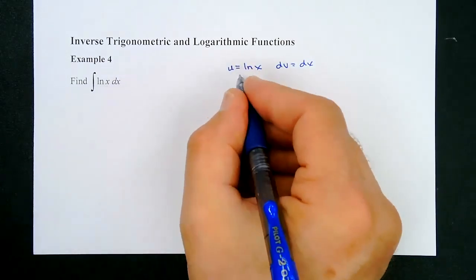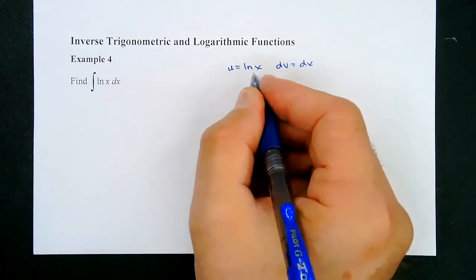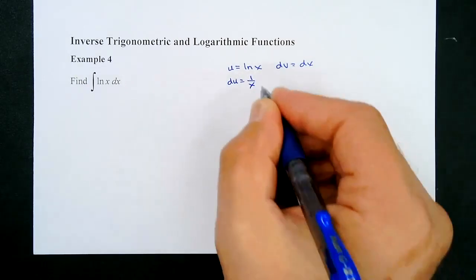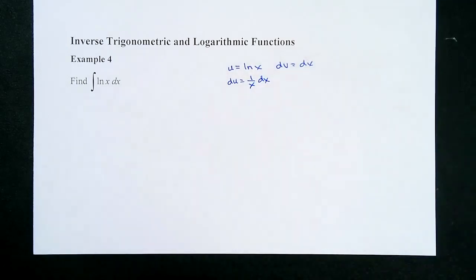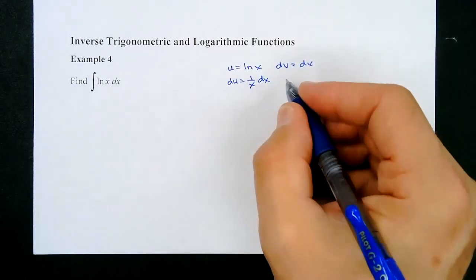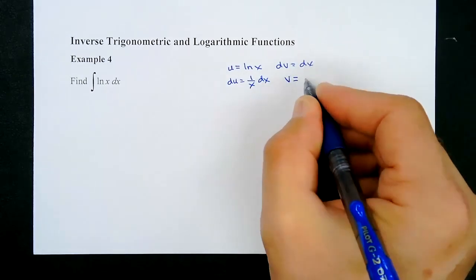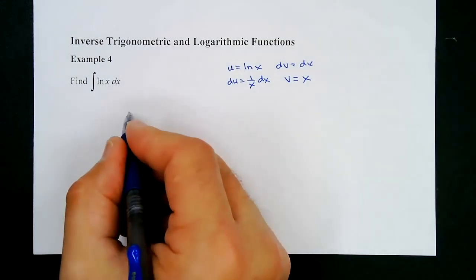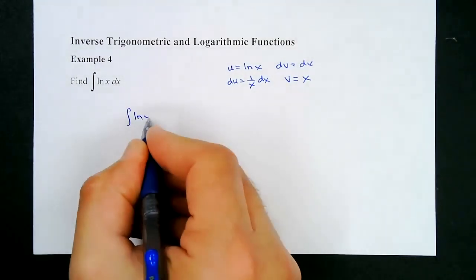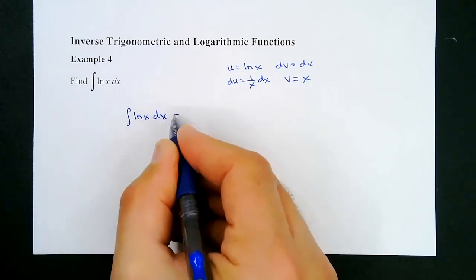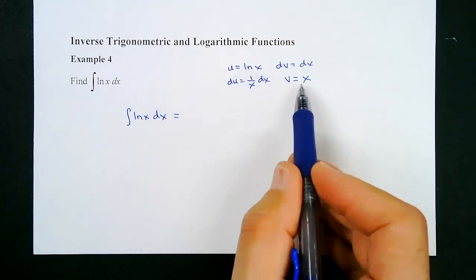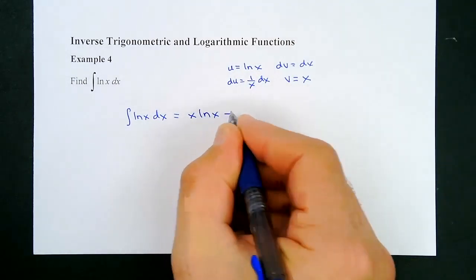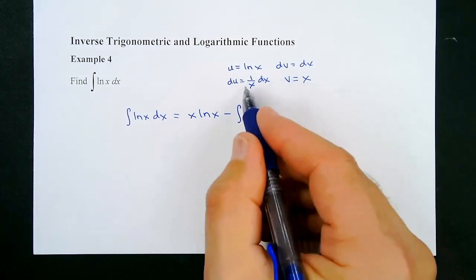So what's the derivative with respect to x of u? Well, that'd be my du, and it would be 1 over x dx. Well, what would v be? Okay, so v would wind up being just simply equal to x. All right. So that means the integral of ln of x dx is equal to u times v. So that's going to be x times ln of x minus the integral of v du.